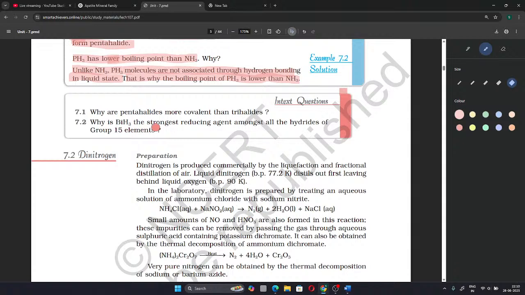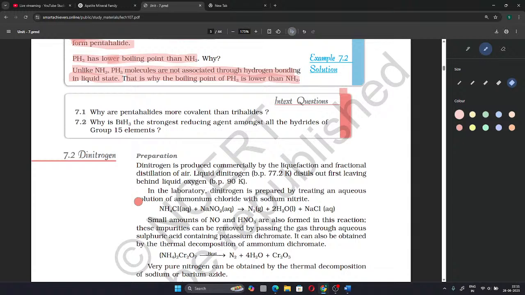Why is BiH3 the strongest reducing agent among the hydrides of group 15? Reducing agent meaning it should be strongly oxidizable, so it will undergo strong oxidation.